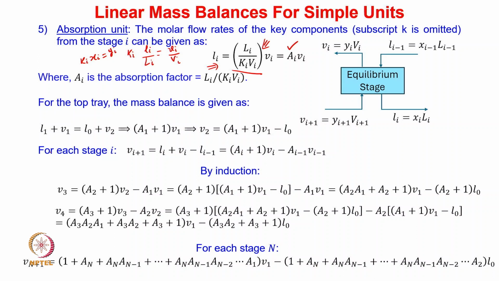If we take the top tray, stage 1, the things coming in and going out change notation: for stage 1 this becomes L_0, this becomes V_1, this becomes V_2, and this becomes L_1.